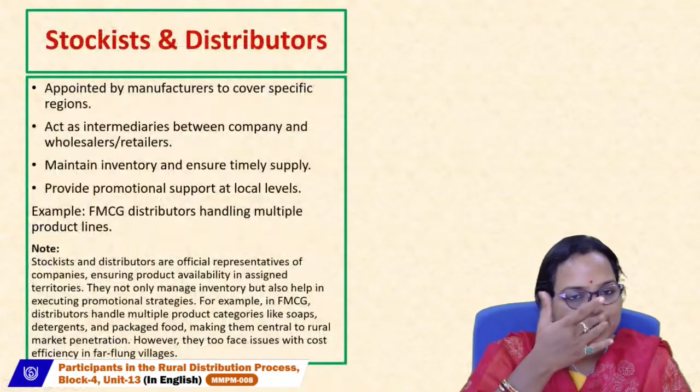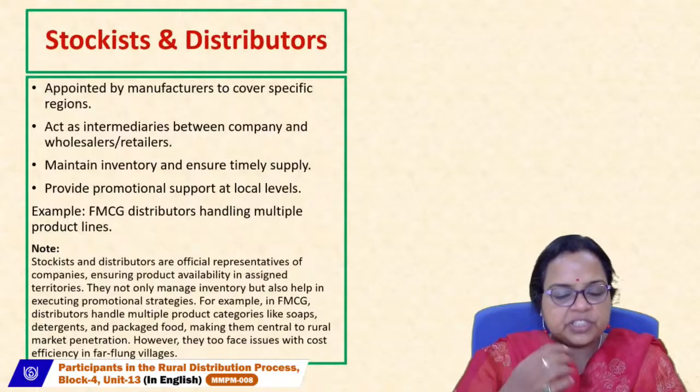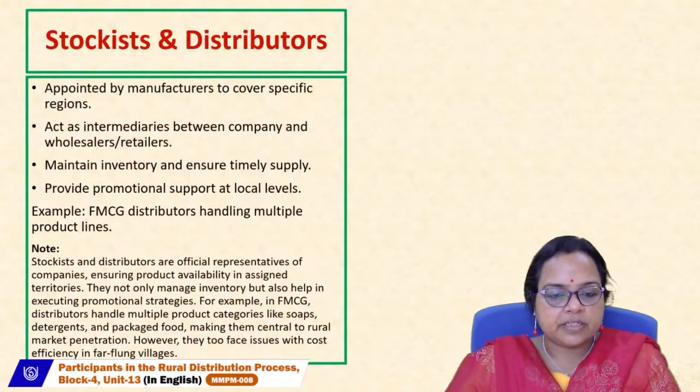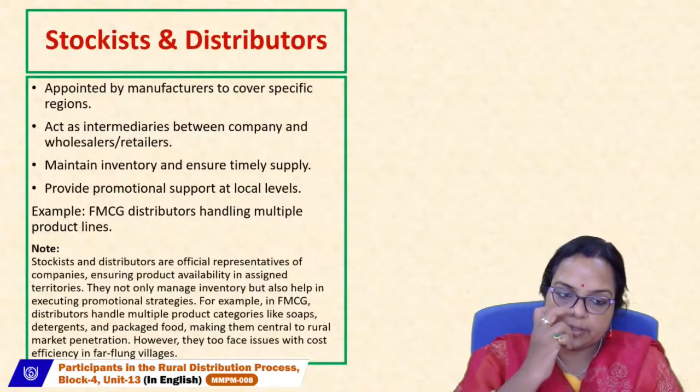Then it comes to stockists and distributors. Stockists and distributors are official representatives of companies, ensuring product availability in assigned territories. These are a different format of distribution channel, not exactly like wholesalers and retailers. They ensure the availability of the product or services in their assigned territories.